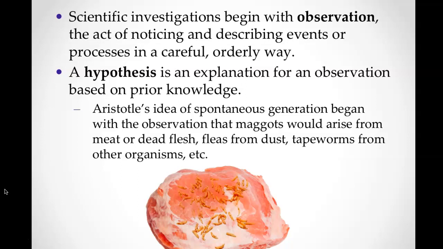A hypothesis is an explanation for an observation, maybe based on prior knowledge. So Aristotle's idea of spontaneous generation began with the observation that maggots would arise from meat or dead flesh. That's so gross. Fleas from dust, or tapeworms from other organisms. So he observed that maggots seem to be appearing from nowhere.